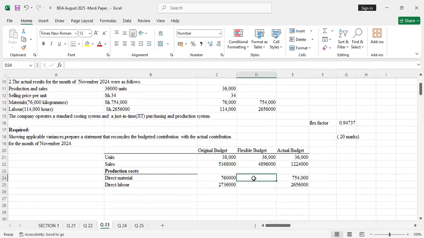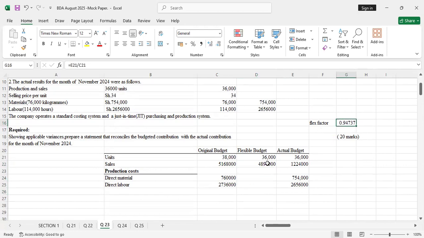When it comes to the flexible budget, we are going to flex the values for the original budget. You see here, we multiply the flex factor by the cells. So I'm going to lock this flex factor. Is it C22 or G16? Let me click that. Yes, it's G16.